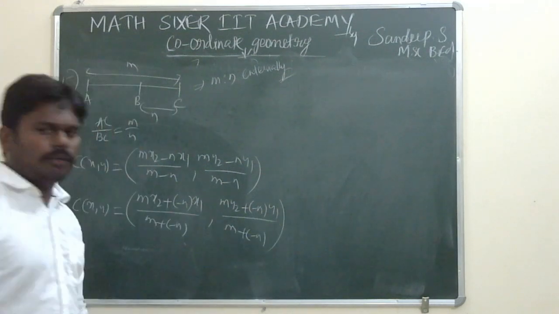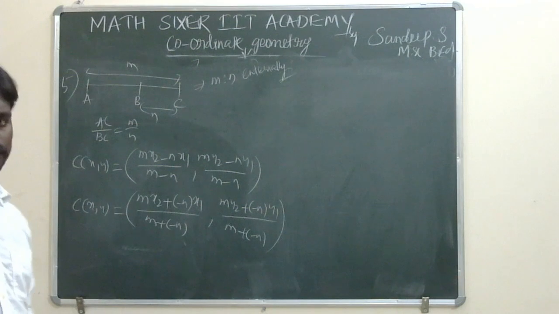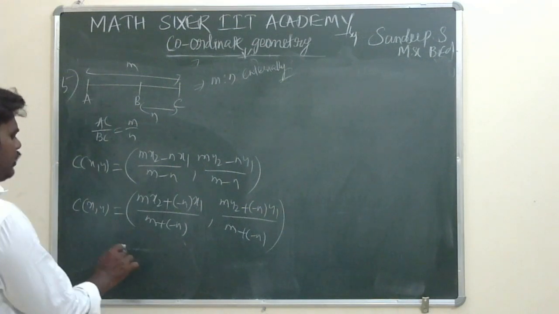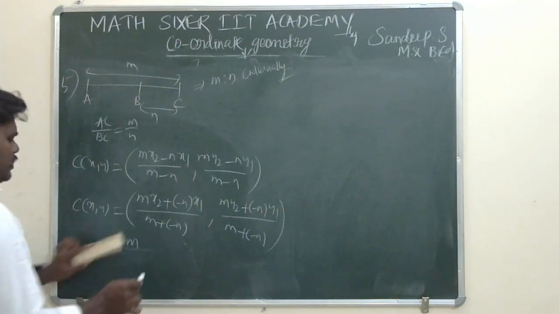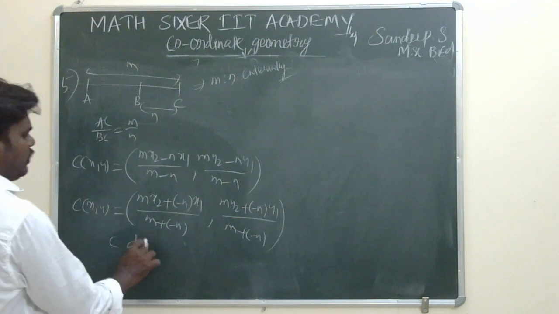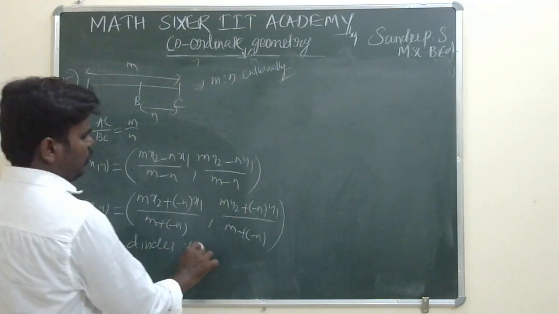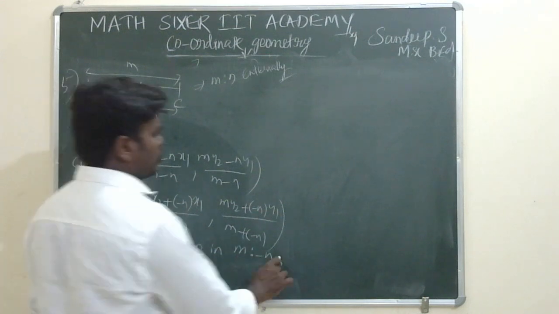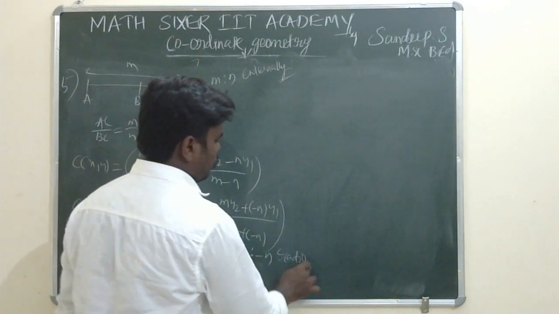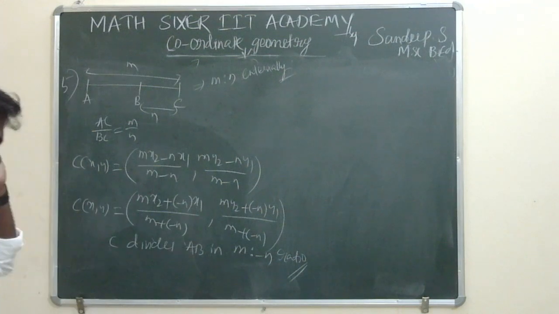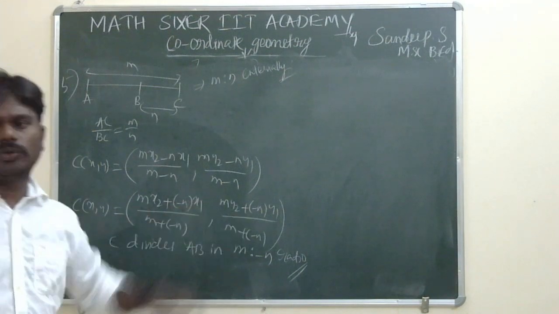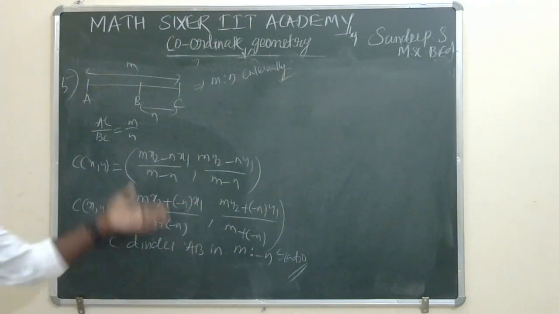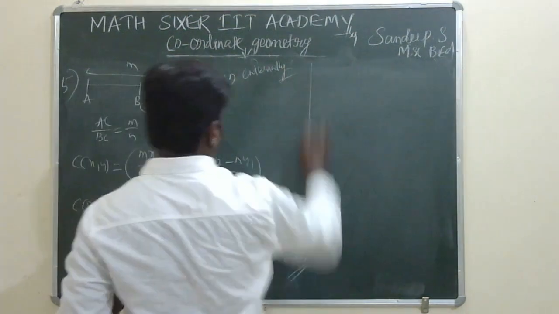So when you compare with the internal formula, what do we get? C divides AB in the m is to minus n ratio. That we can observe from the formula.